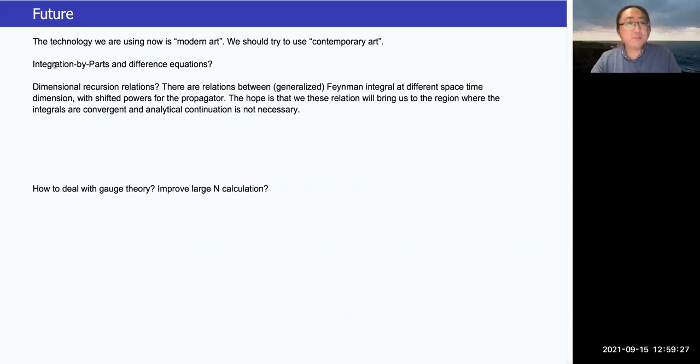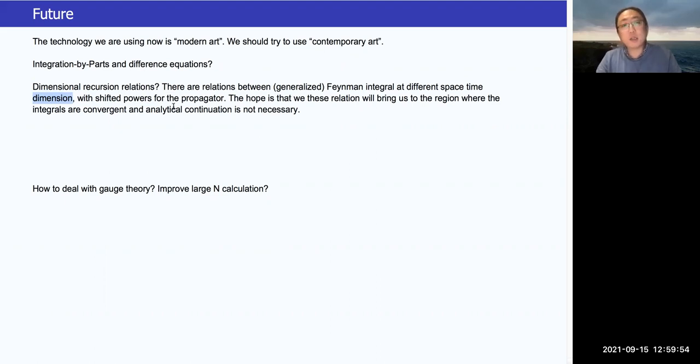Yeah, so there are some other modern things we might be able to use. Especially the so-called dimensional recursion relations. These are relations between general Feynman integrals at different space-time dimensions, but the powers of the propagators would be shifted.